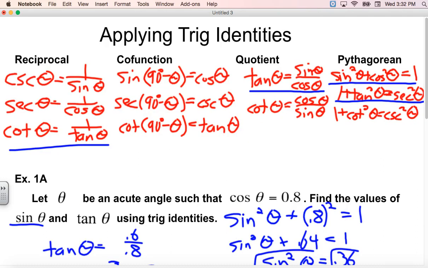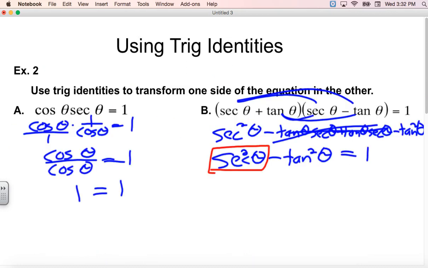So whenever I change secant squared into 1 plus tangent squared theta, and then I have minus tangent squared theta, the tangent squared and the minus tangent squared just cancel out, and I'm just left with 1 equals 1. And I've shown that secant theta plus tangent theta times secant theta minus tangent theta equals 1.